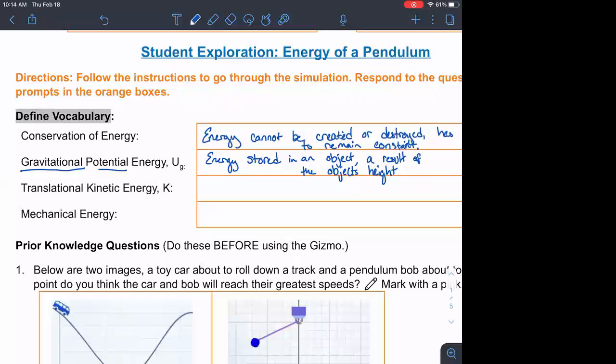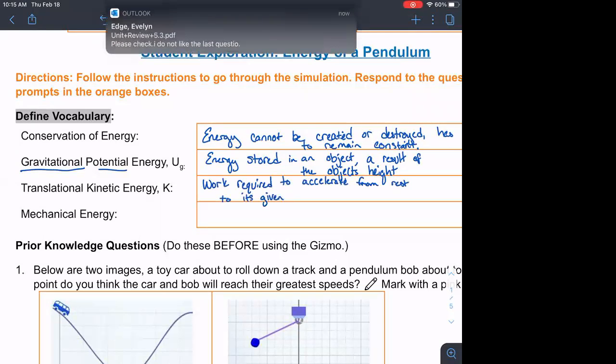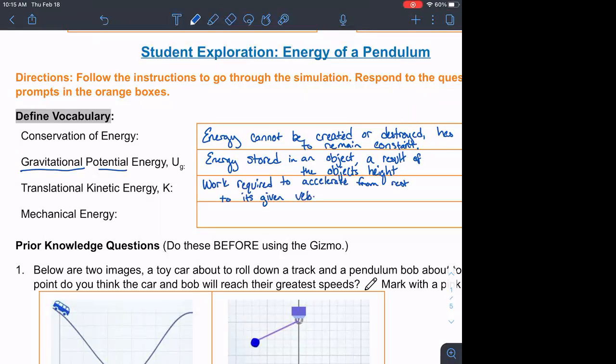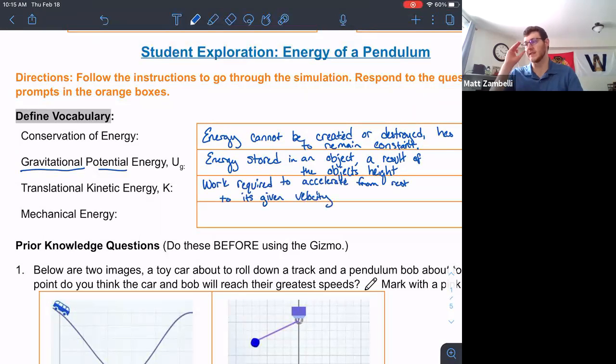The work required to accelerate from rest to its given velocity. All right, so it's the work required to accelerate an object from rest to its given velocity, or it's the energy of motion of our object.